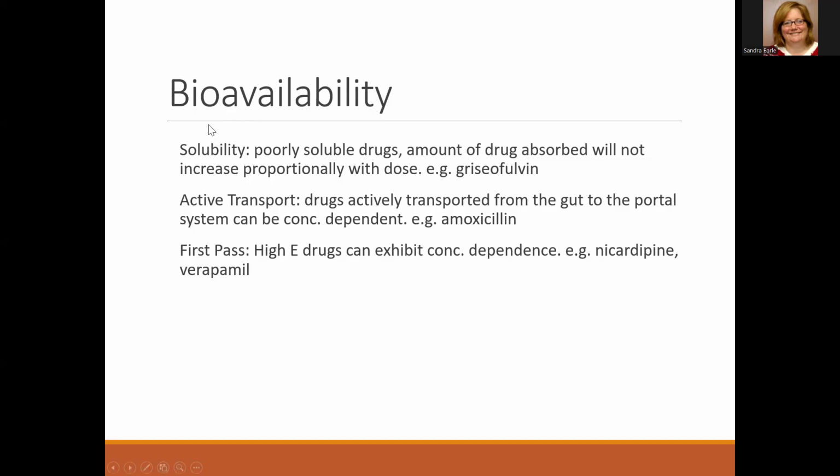So FA is usually just due to passive diffusion, right? And so you wouldn't think that that would be a source of nonlinearity, and it usually isn't. But there is a case of solubility where there's poorly soluble drugs. If you increase the dose of griseofulvin, for example, less and less of it gets absorbed because of its poor solubility, not because of a pharmacokinetic action.